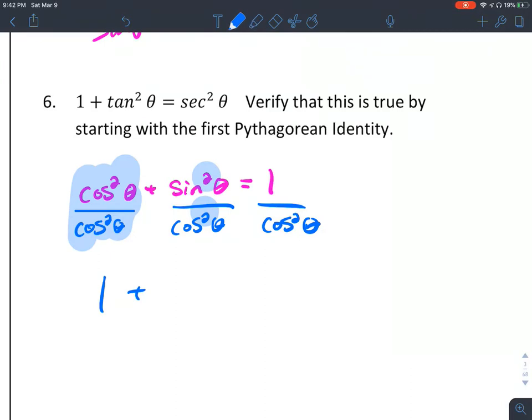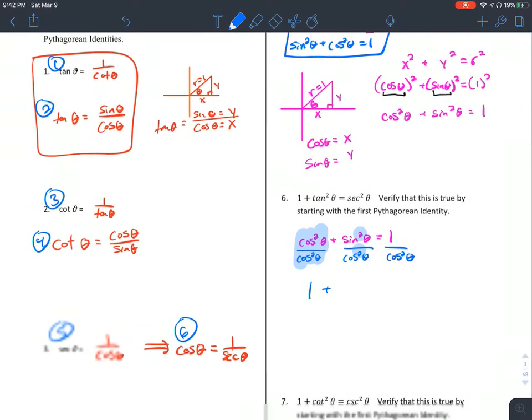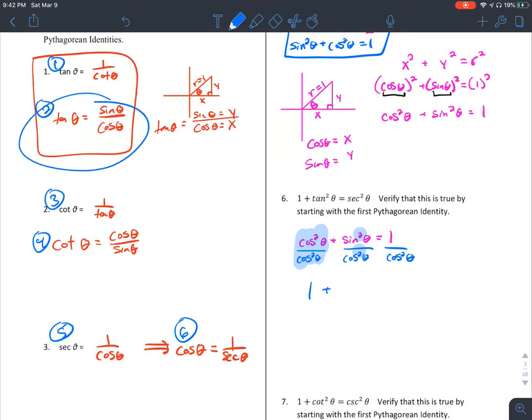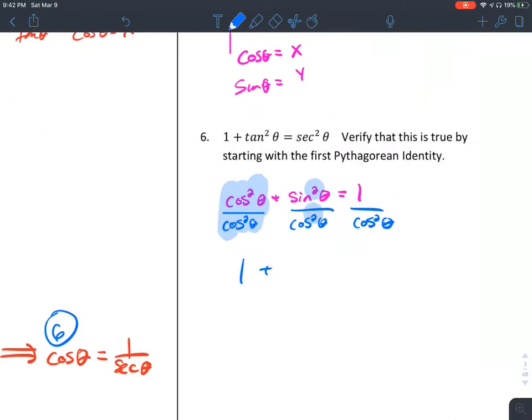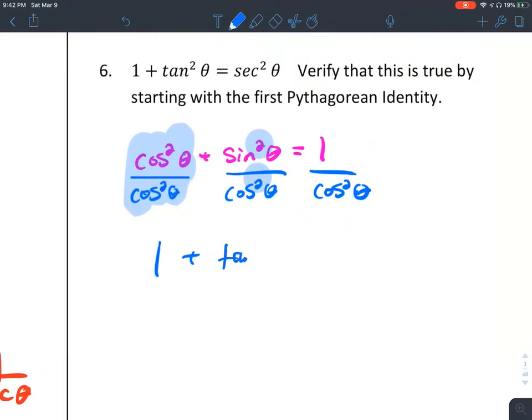Well, what's sine over cosine? Well, according to our first identity of the day, second, depending on how you're counting, sine over cosine is tangent of theta. The fact that it's squared doesn't change anything when you're multiplying things together. So this is 1 plus tangent squared because this is squared and this is squared.